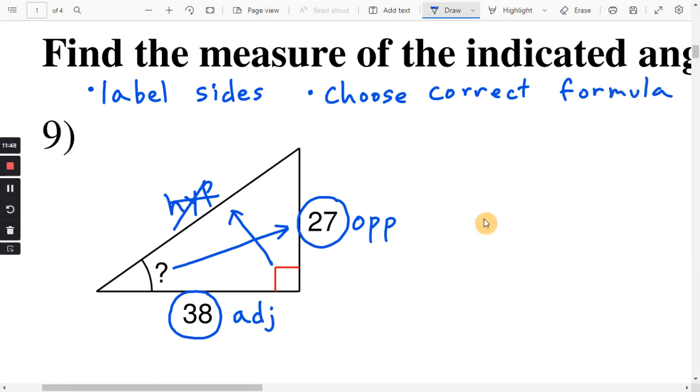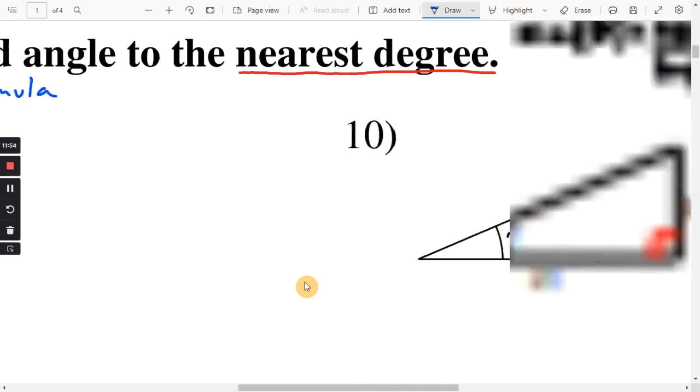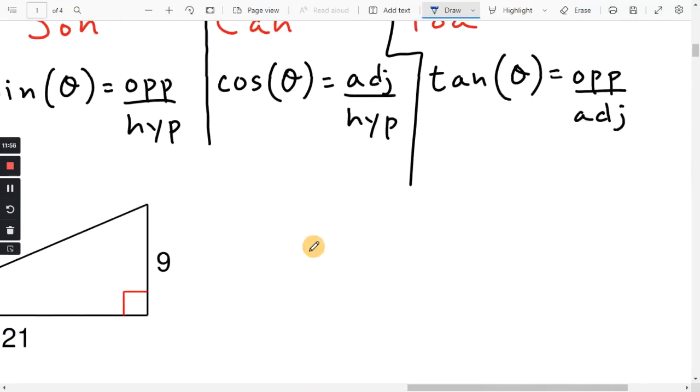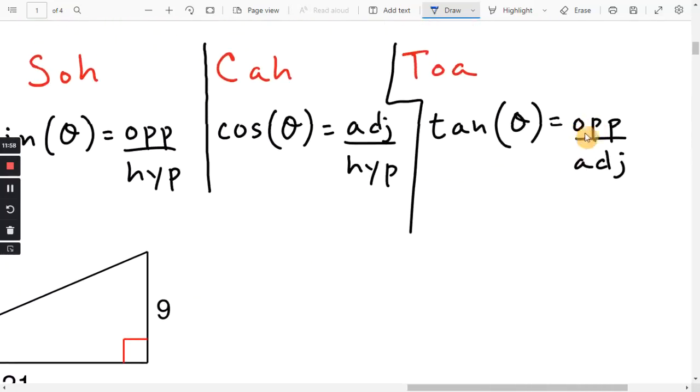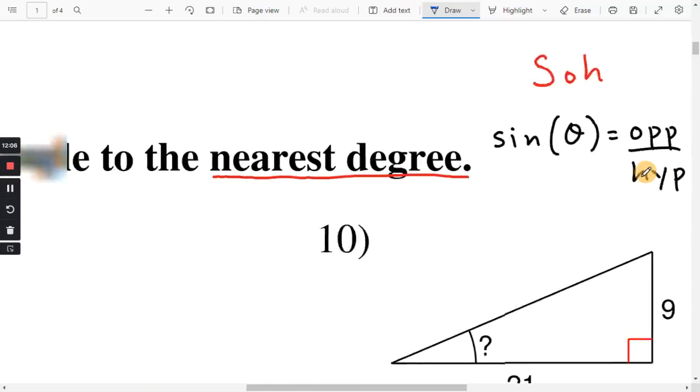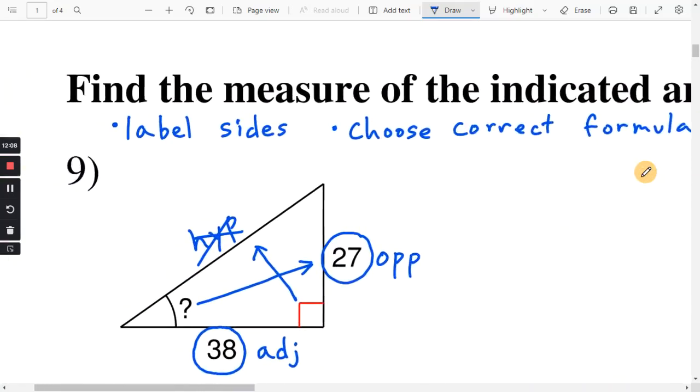All right. So which one of the three uses opposite and adjacent? Let's see. Well, from the formulas we wrote, the one that uses opposite and adjacent is the tan function. So we're going to use this formula, tan equals opposite over adjacent.